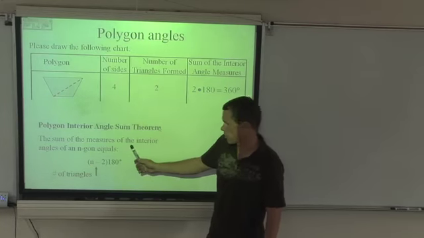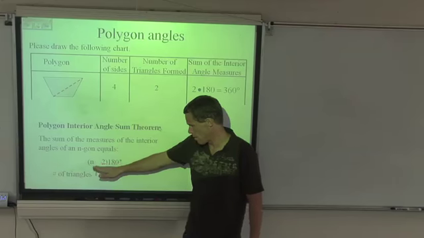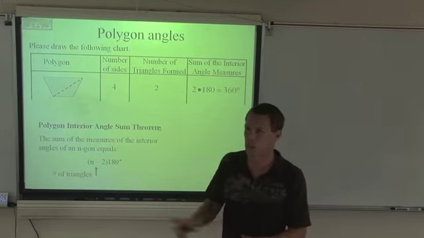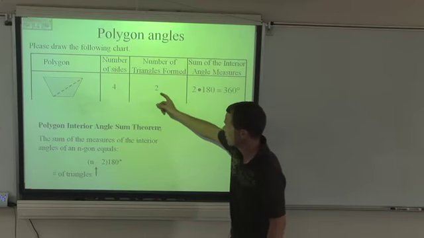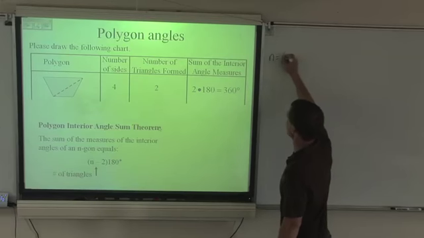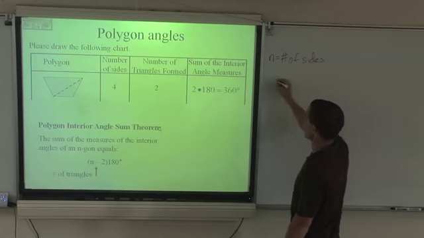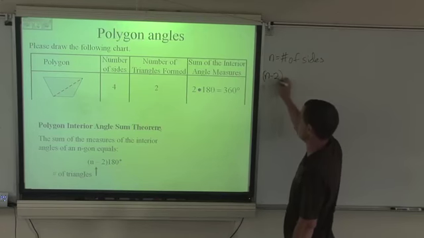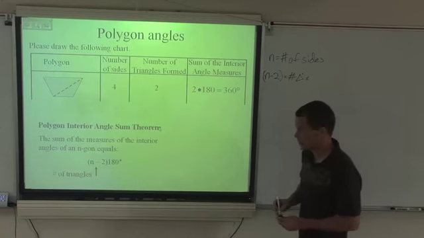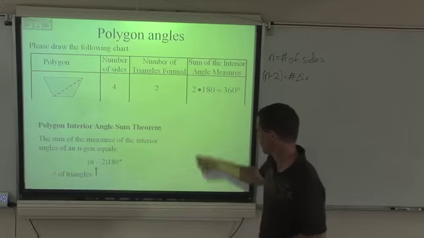The sum of the measures of angles inside of a polygon is equal to n minus 2 times 180, where n minus 2 represents the number of triangles, but n is equal to the number of sides. N equals number of sides. Very important distinction here on the slide. N minus 2 is the number of triangles that were formed. We multiply this by 180 to get the total sum.